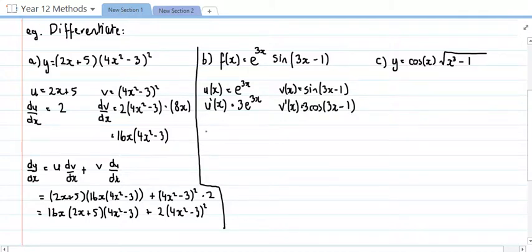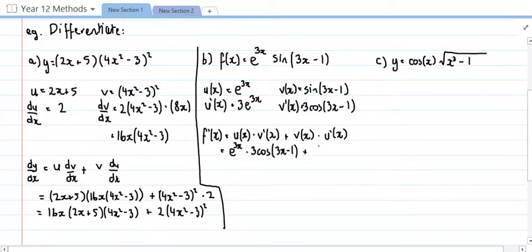And putting it all into the rule, f dash x equals u of x times v dash x plus v of x times u dash x. That's going to give us e to the 3x multiplied by 3 cos 3x minus 1, plus v of x, which is sine of 3x minus 1 multiplied by 3e to the 3x.